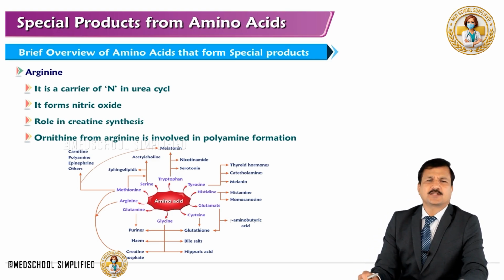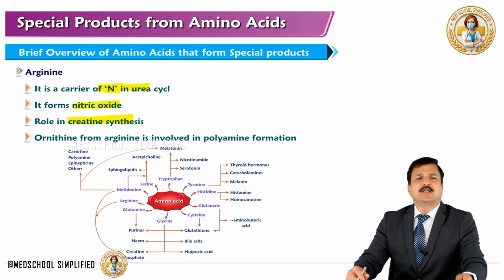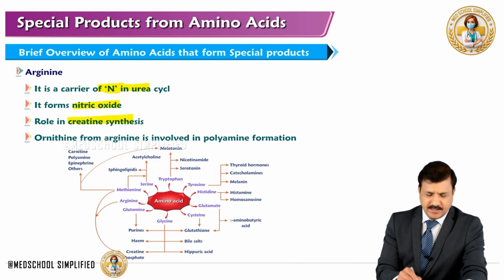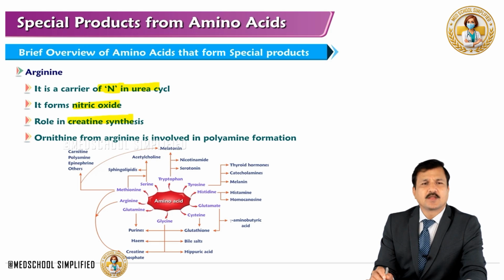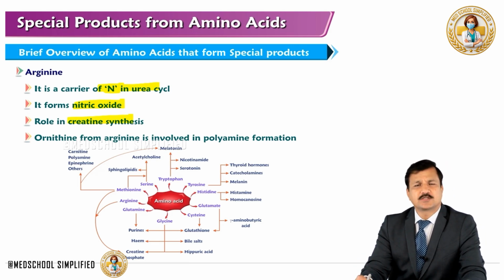Referring to the figure below, arginine is a carrier of nitrogen in the urea cycle. Arginine is converted into nitric oxide, and you know nitric oxide is a neurotransmitter, a vasodilator, and also an immune modulator.